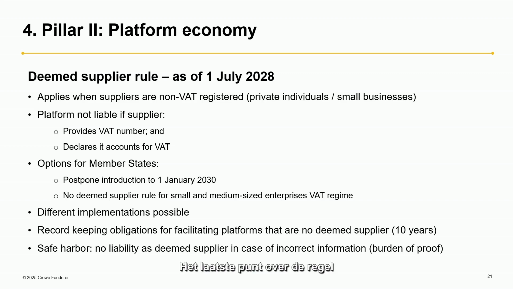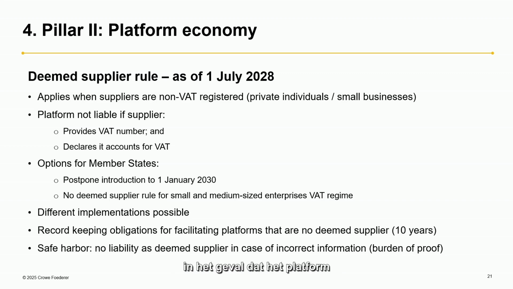The last point about the deemed supplier rule is that there is a safe harbor for situations where the deemed supplier rule is not applied by the platform and where it should have been applied.